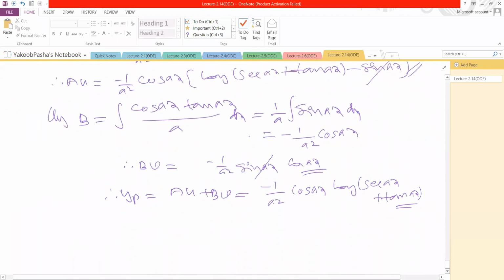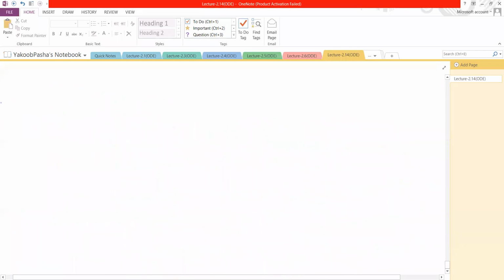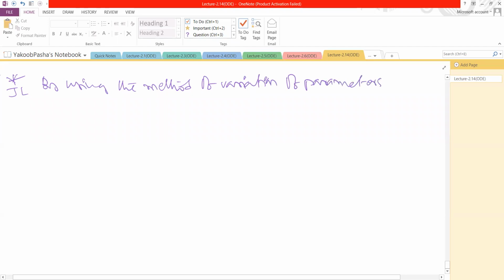Just taking A equal to 1. By using the method of variation of parameters, find the particular integral of d square y by dx square plus y is equal to tan x.